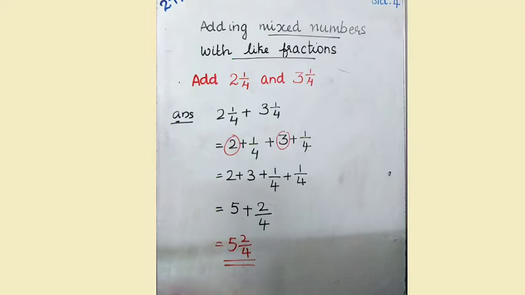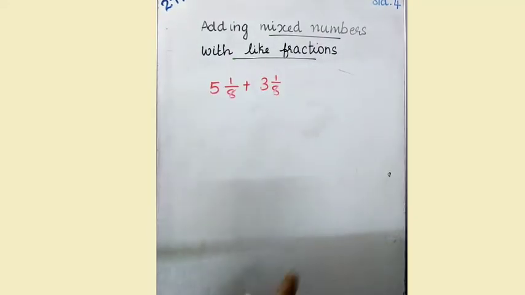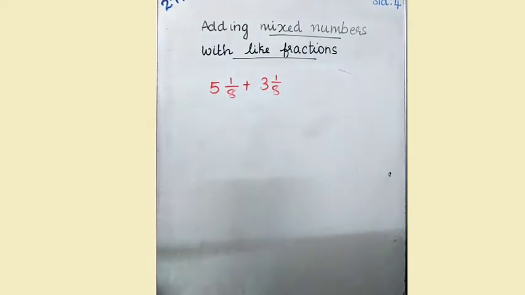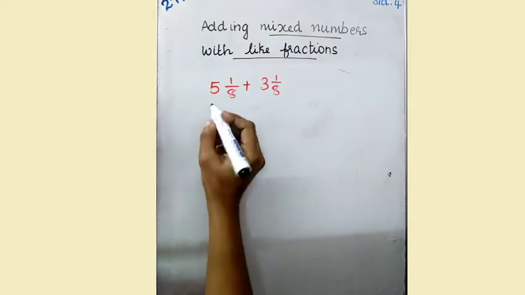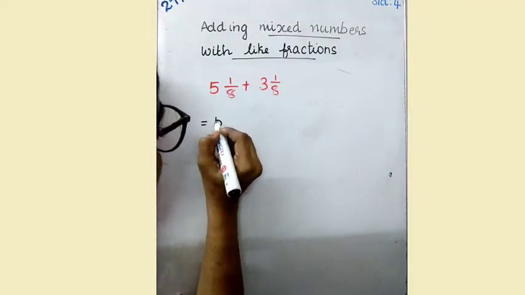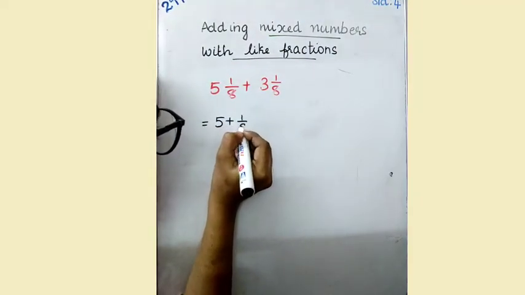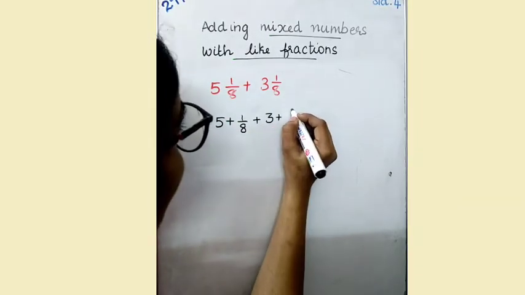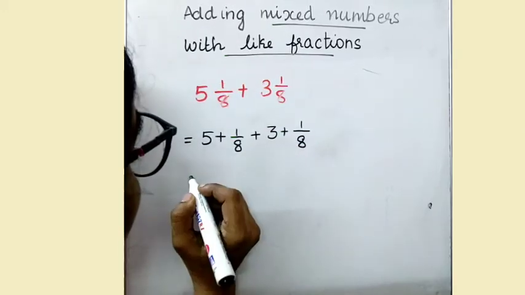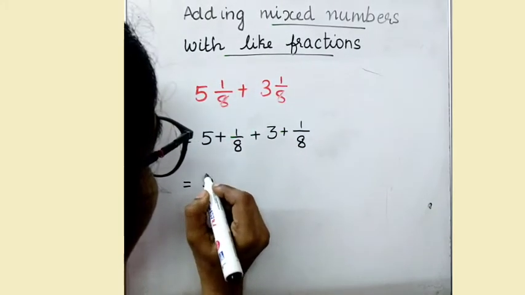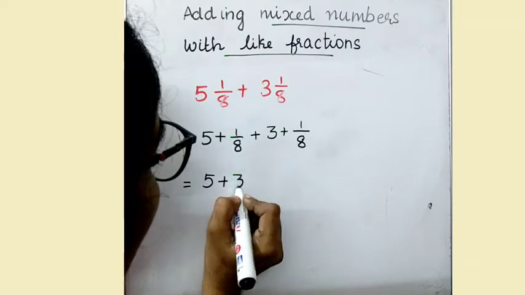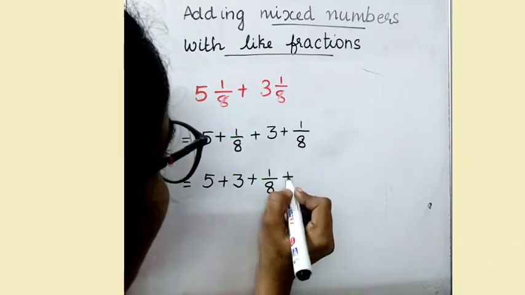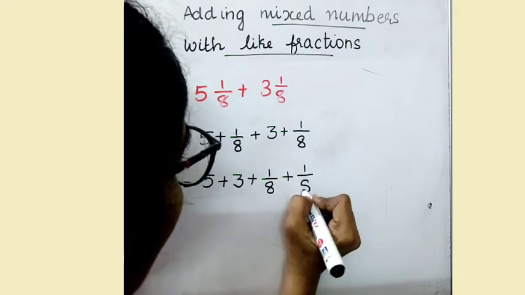Then look into one more example. Look into another question: 5 and 1 by 8 plus 3 and 1 by 8. How will you add? First of all, write this as 5 plus 1 by 8 plus 3 plus 1 by 8. That is equal to 5 plus 3 plus 1 by 8 plus 1 by 8.